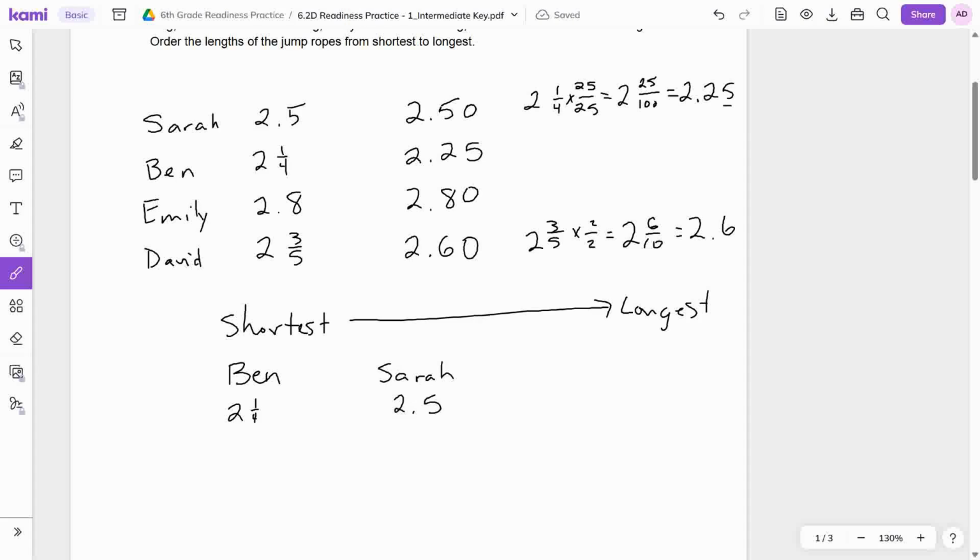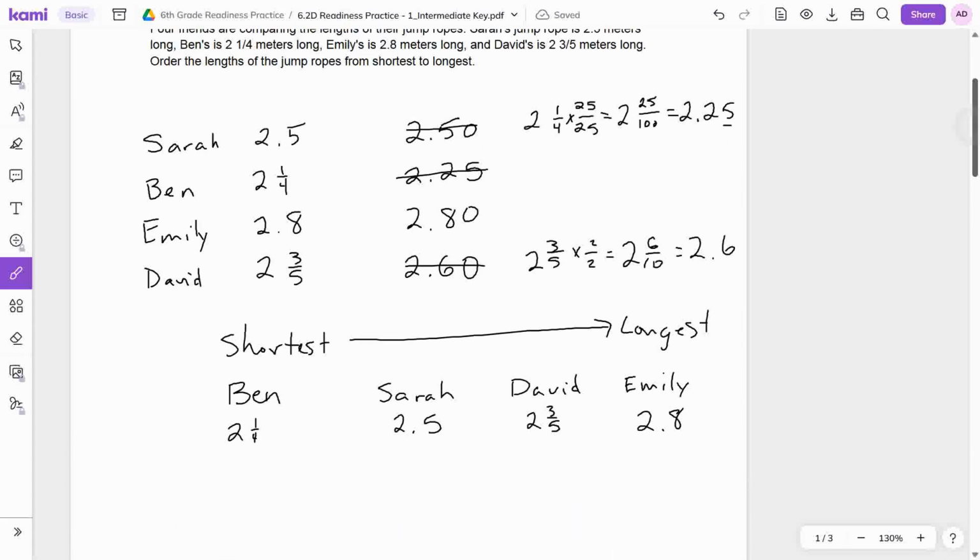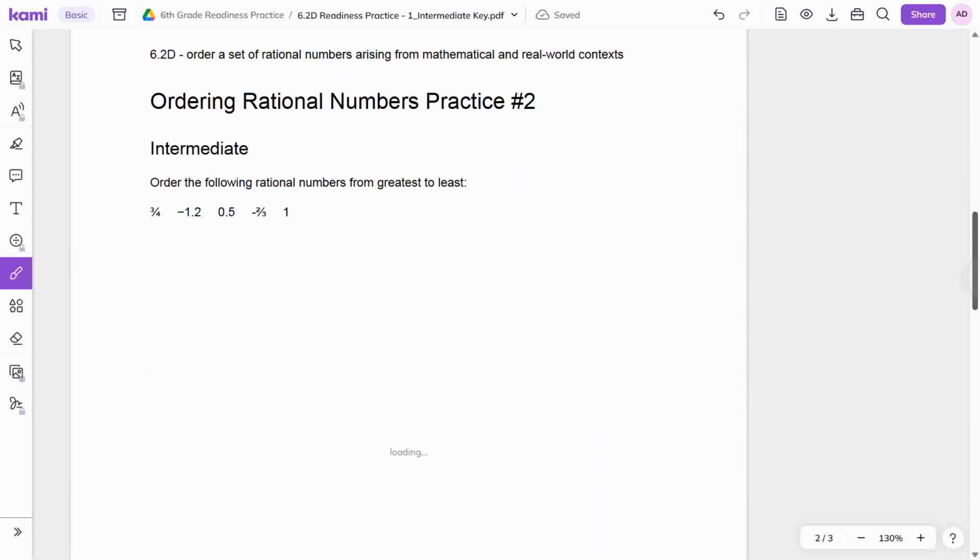Now I've got 2.80 and 2.60, so it's the 2.60. That's David, but that is a 2 and 3/5. And then we're going to end up with Emily at 2.8. There we go. We have our list of jump ropes in order from least to greatest, shortest to longest.